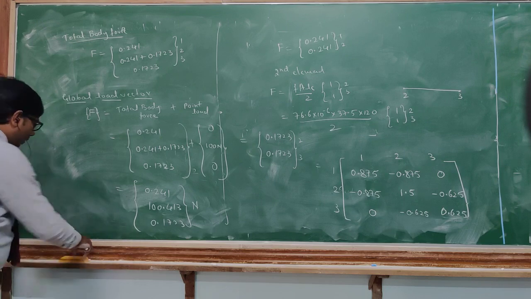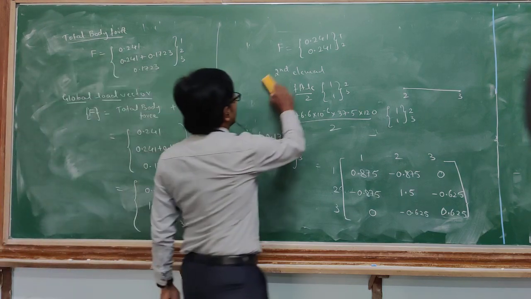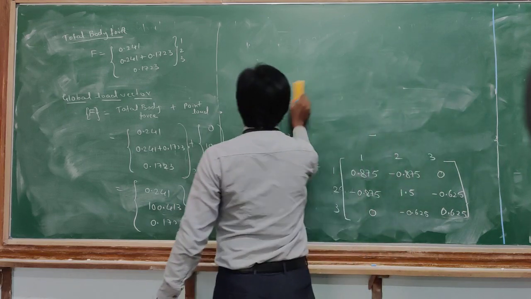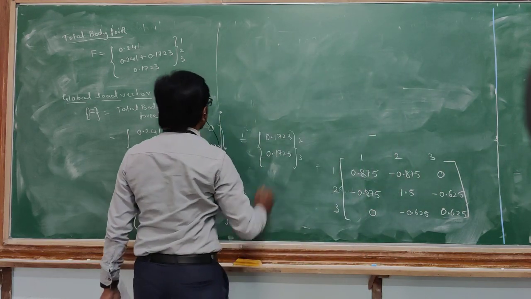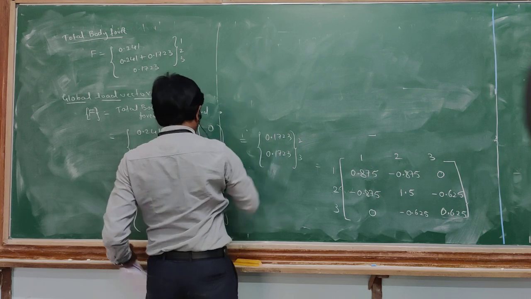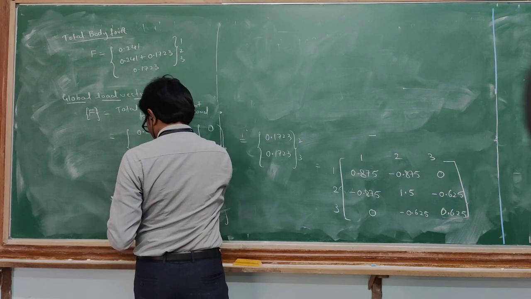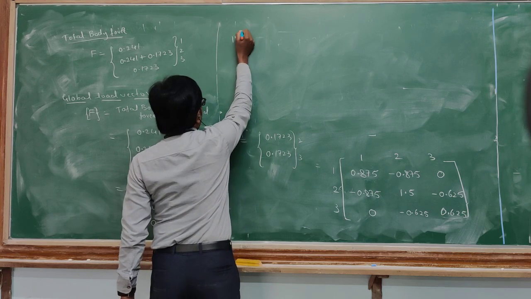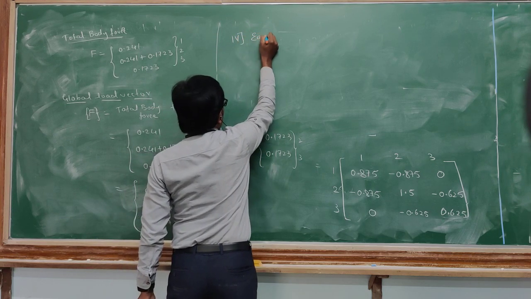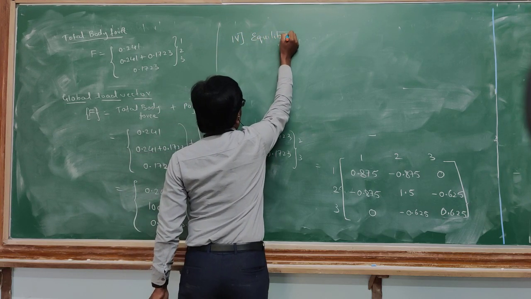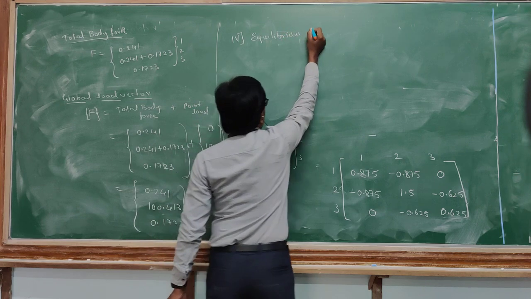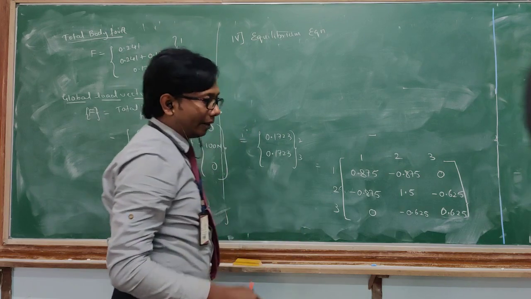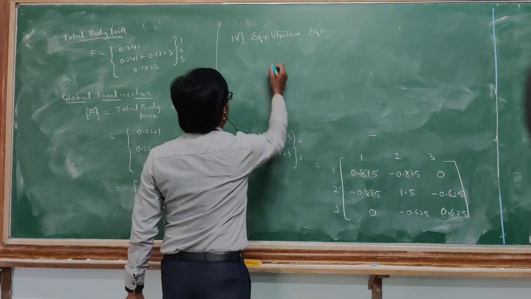Now we will write the equilibrium equation. This will be the fourth part, where we will be writing K into U is equal to F. What is the K here?